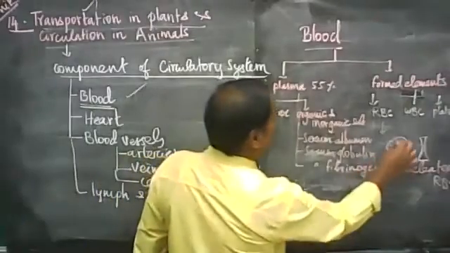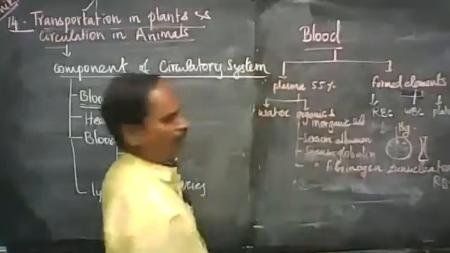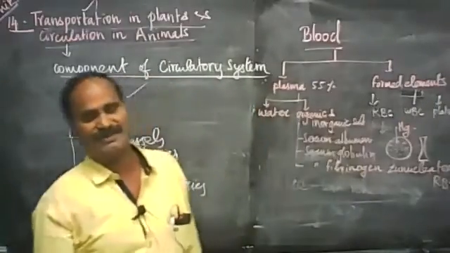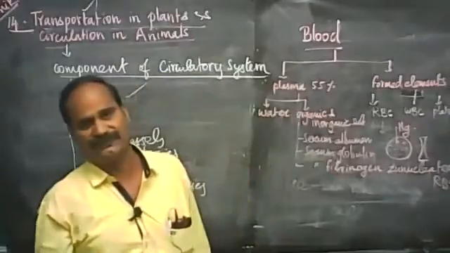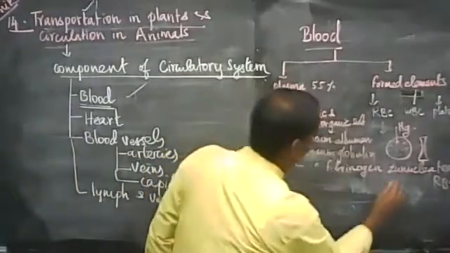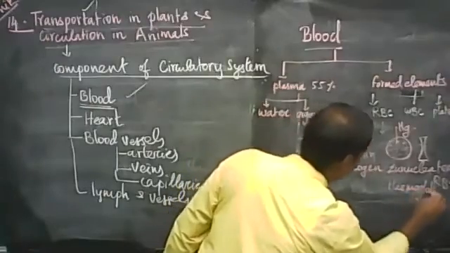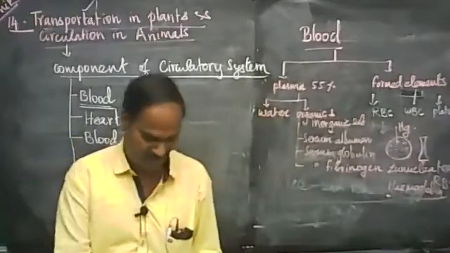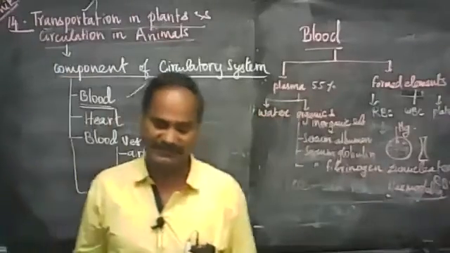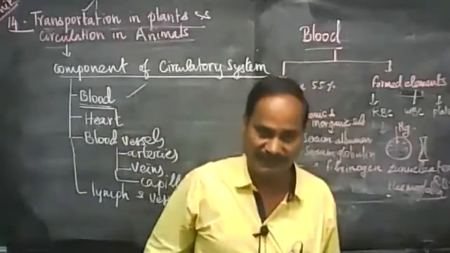So the space is fully occupied by hemoglobin, Hb. It is red in color due to the presence of hemoglobin. What is hemoglobin? It is a respiratory pigment. It is responsible for the transport of gases. Oxygen and carbon dioxide are transported from the lungs to various parts of the cell by means of hemoglobin.